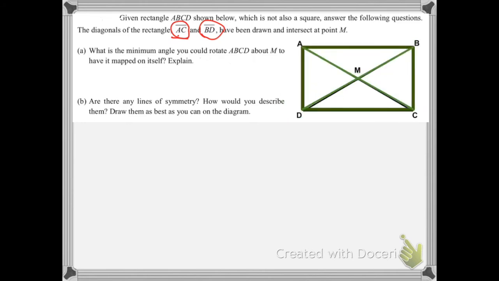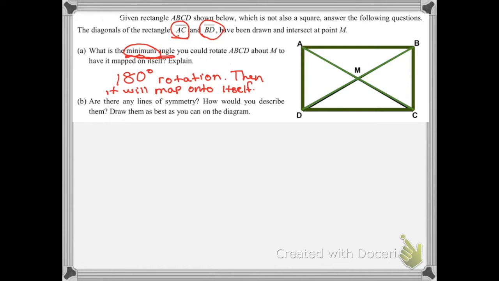So note that you could rotate this rectangle 180 degrees, and note that that is the minimum angle that you could rotate. Because I could rotate another 180 degrees, and that would be a full 360 degrees in order to map back onto itself.